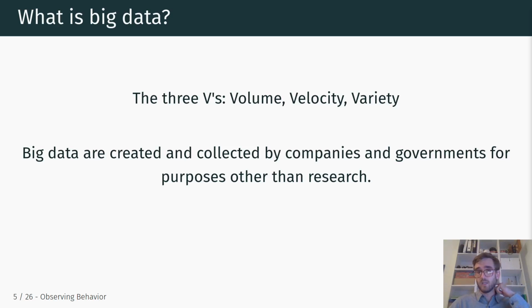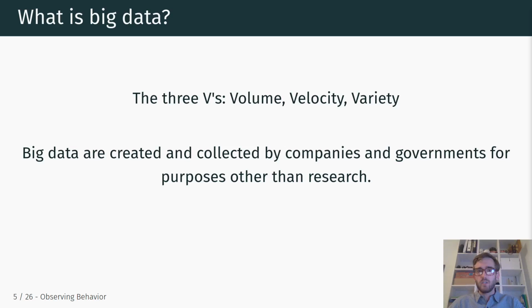They can be either profit related for companies, or they can be other purposes for governments to collect information for policy making. But these data are not primarily recorded and gathered for the purpose of answering scientific or social science research questions.